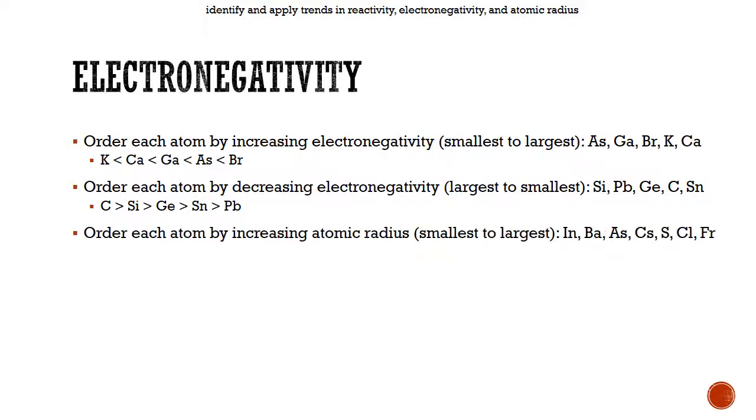And then lastly, we have a combination of elements that are not all in the same group or period. So thinking about my electronegativity trend, the largest electronegativities are in the top right-hand corner of the table. So looking at this order here, guys, our increasing trend would start in the bottom left-hand corner.